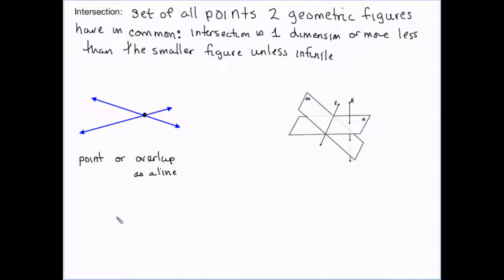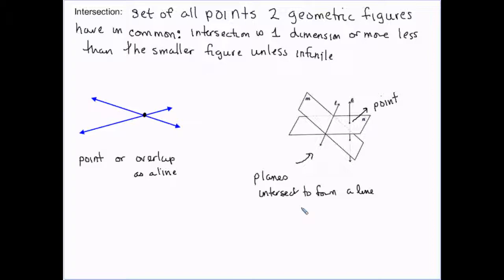2 planes intersect to form a line. A line and a plane intersect to form a point. 2 planes can also intersect to form a plane if they intersect everywhere. So they're like flat, two planes come together and they lay on top of each other and they're just flat. So they intersect everywhere. So that would make a plane.